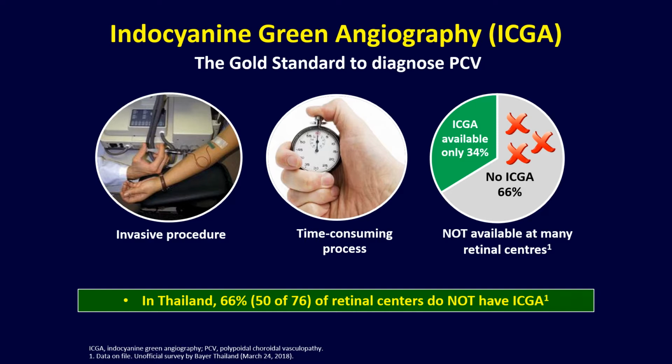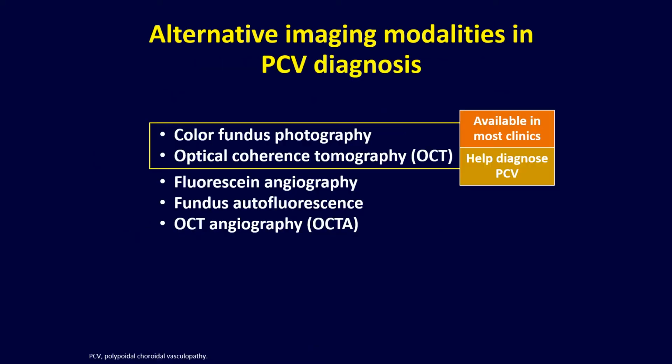For example, in Thailand, more than half of the retinal centers across the country do not have ICGA. So if PCV is an important cause of visual loss for our patients, but we do not have ICGA readily available, what are the alternative imaging modalities to help diagnose PCV?